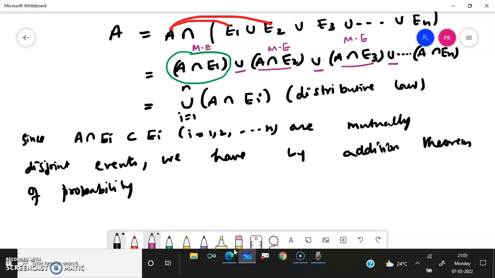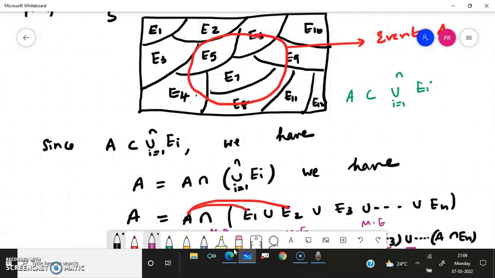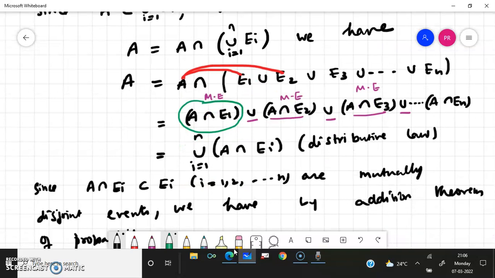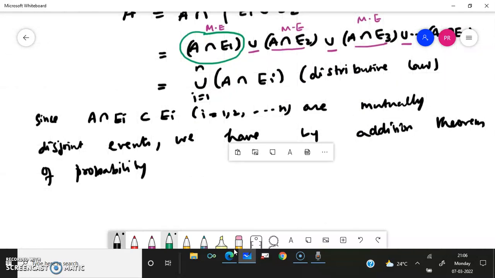If you see inside the circle, this part, A intersection Ei, and this other part, their intersection is a null set, right? The same way, the yellow part and green part, the intersection is a null set. So the A intersection Eis are all disjoint sets, mutually disjoint events.